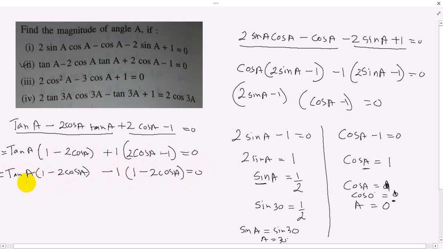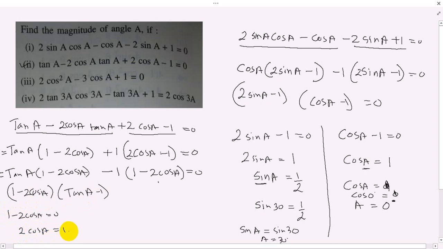Now as we have done earlier, in the same way you have to do. Let's do it the proper way: 1 minus 2 cos A and tan A minus 1.